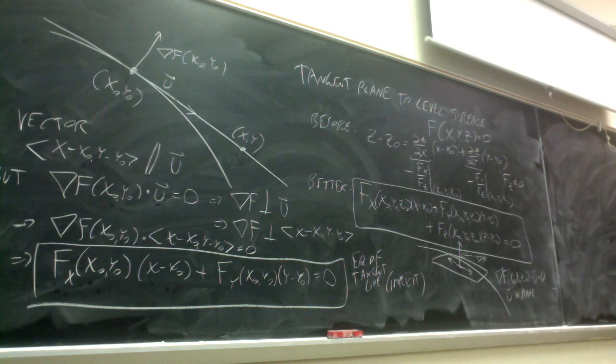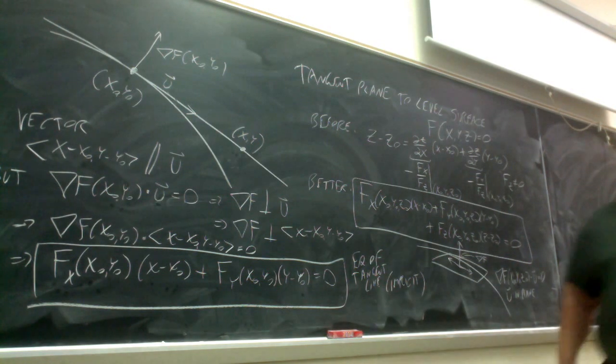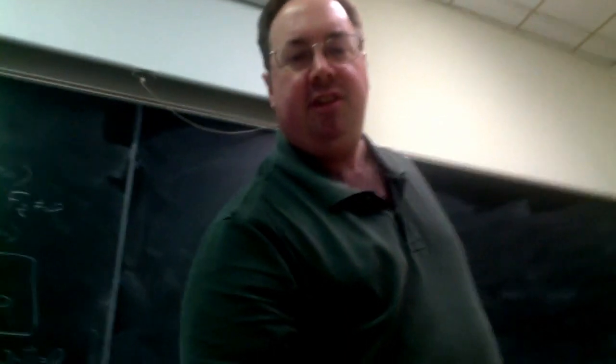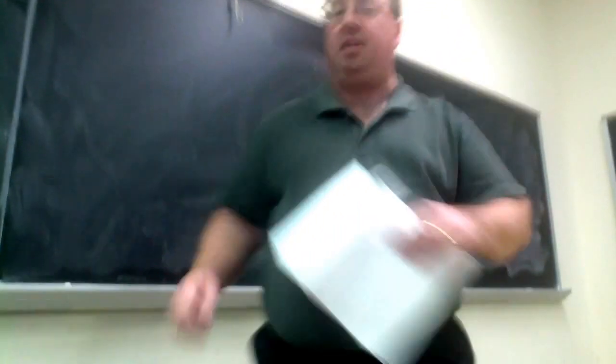I could have just taken the old formulas and multiplied through by fy or fz, but that wouldn't give you any idea geometrically of what's going on, or where these tangent line or tangent plane equations come from.